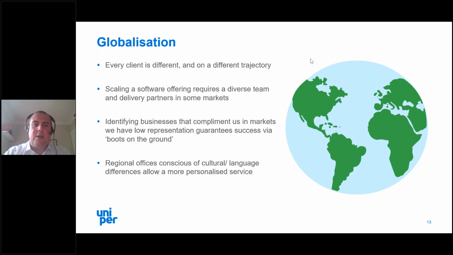And what that allows us to do is to be conscious and sensitive to cultural and language differences, but it also allows us to offer a more personalized service than perhaps we would have been able to offer had we not had any regional representation at all. And it's really key, because yes, a lot of companies generate power, but everyone will do it in their own way. And it's important to learn from the customer in that respect as well.